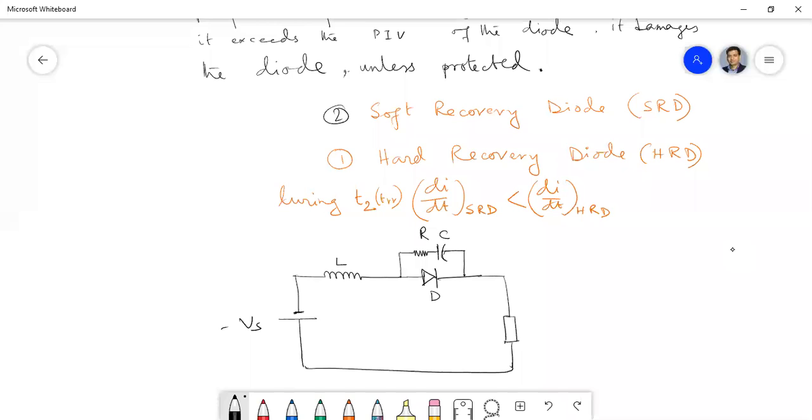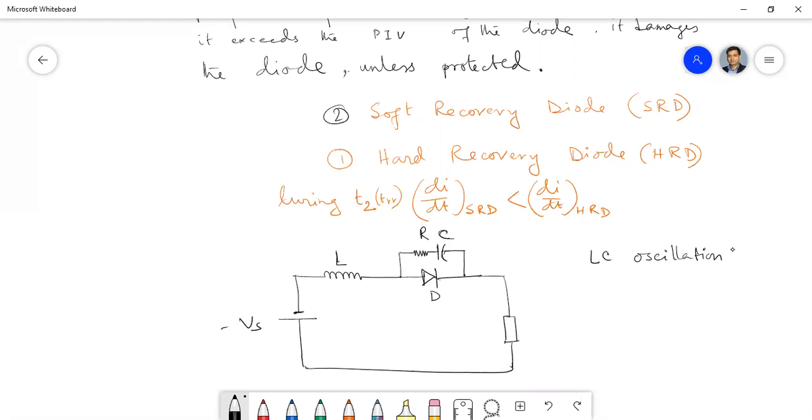Detune means suppose in this circuit you have some L already, and if you are using C, there is a possibility of LC oscillation. And why does the oscillation occur? I think you know that if there is some resonance, then LC oscillation can occur in the circuit.